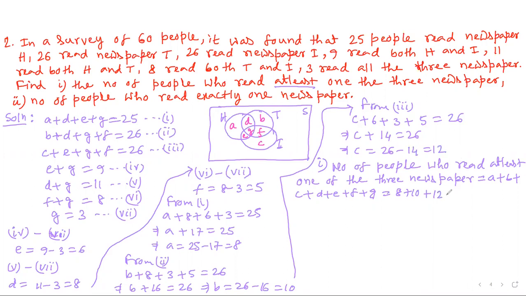So here C equals 12, plus D equals 8, plus E equals 6, plus F equals 5, plus G equals 3.